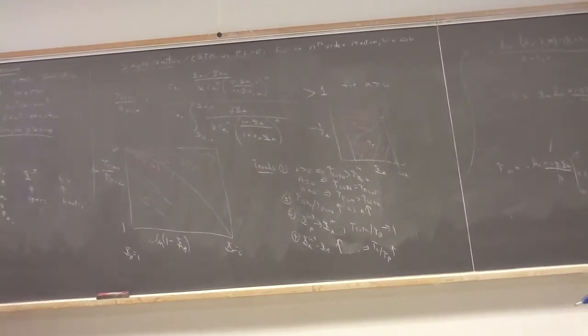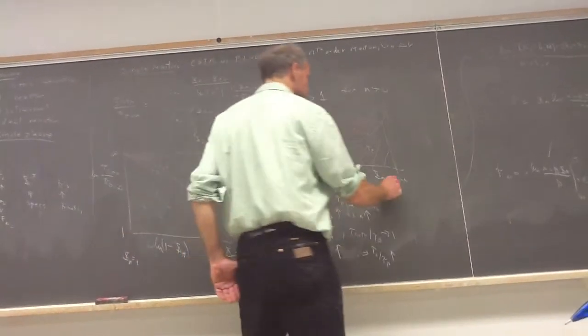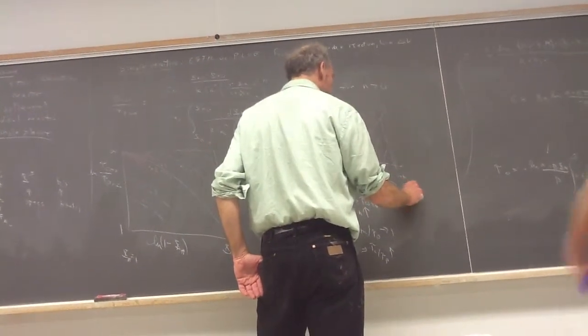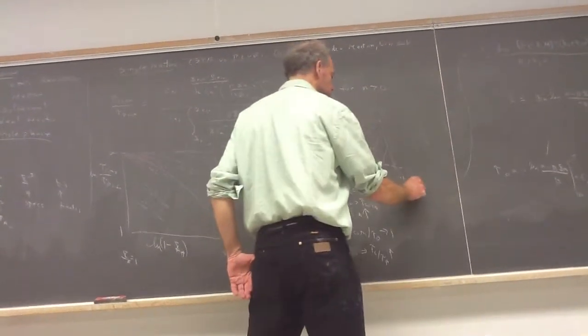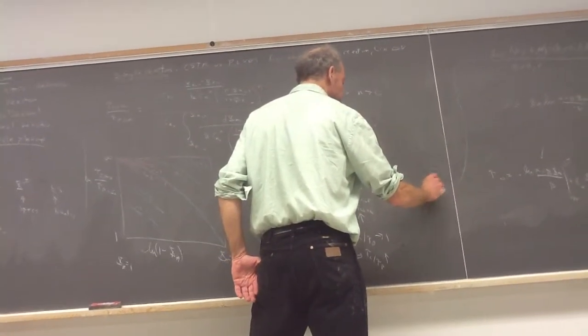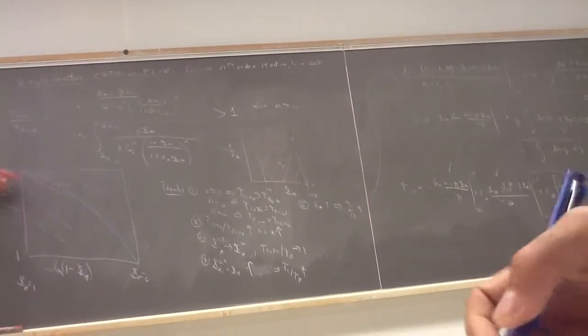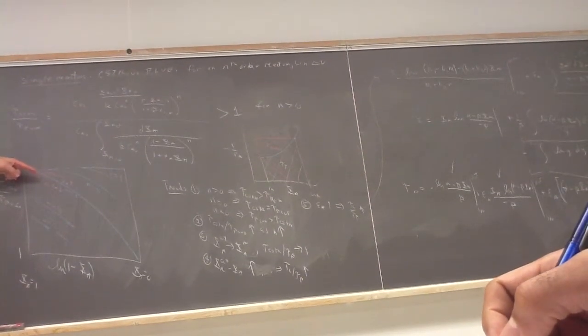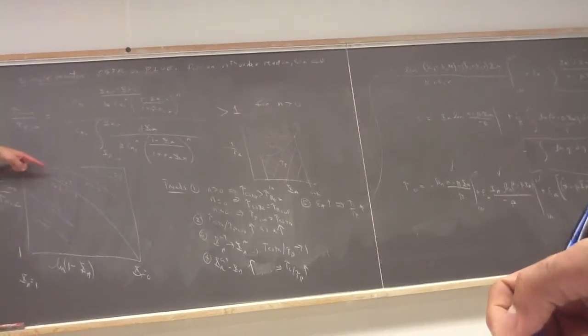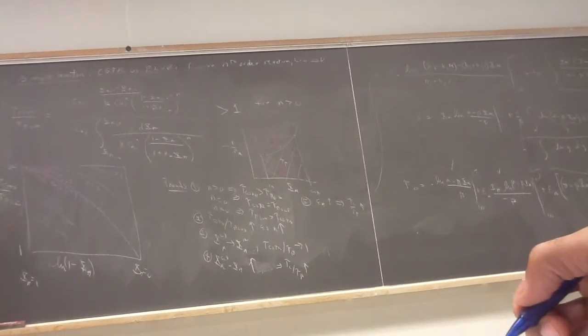We also find that epsilon A going up makes the ratio go up. That's a minor effect, but as epsilon A goes up, it raises the curve a little bit, and you can see it here.